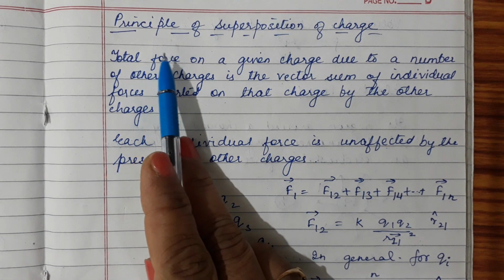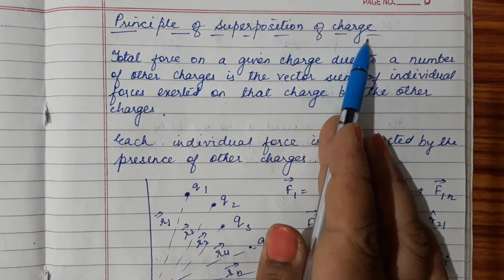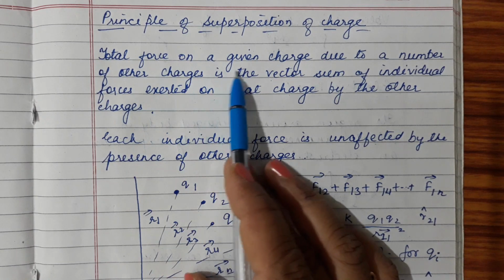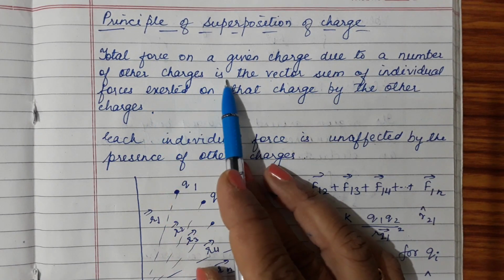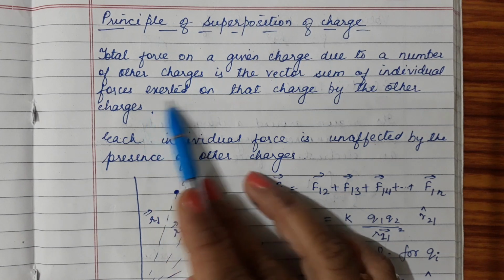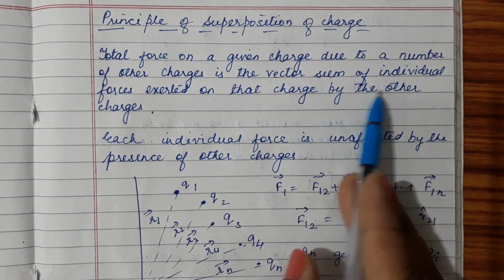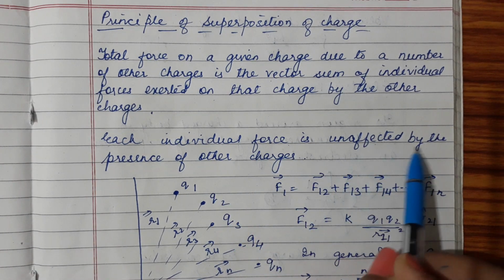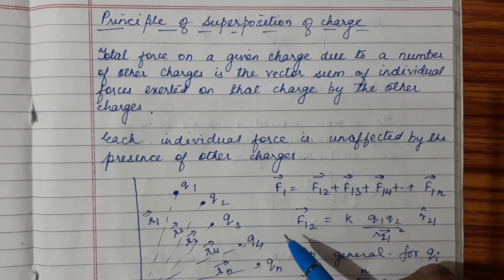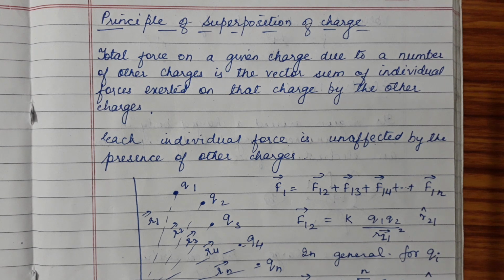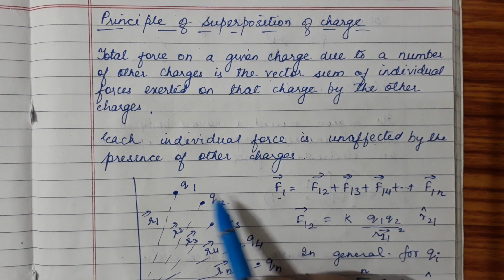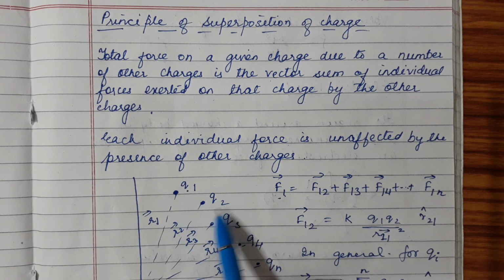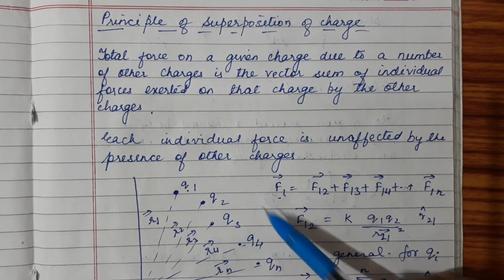Next thing we'll study about charges is the principle of superposition of charge. This principle says that the total force on a given charge due to a number of other charges is the vector sum of individual forces exerted on that charge by the other charges. Each individual force is unaffected by the presence of other charges. Suppose F1 is the force on Q1 due to all the charges present here.